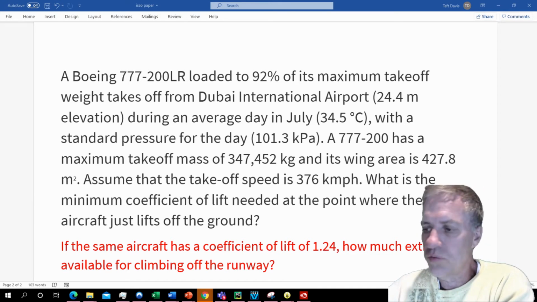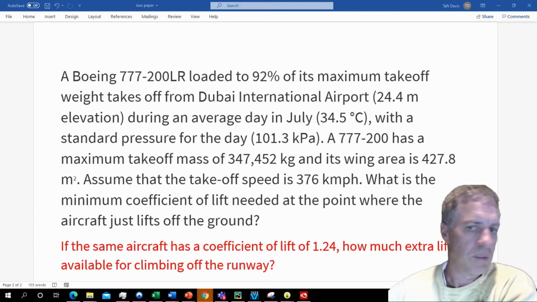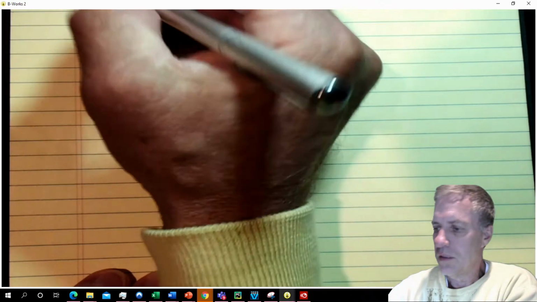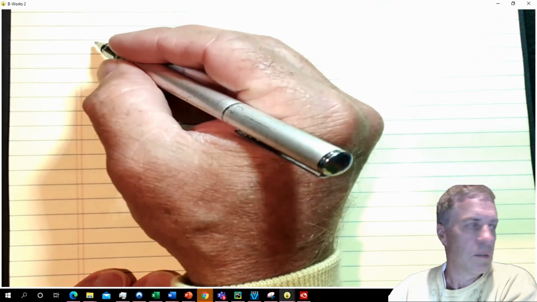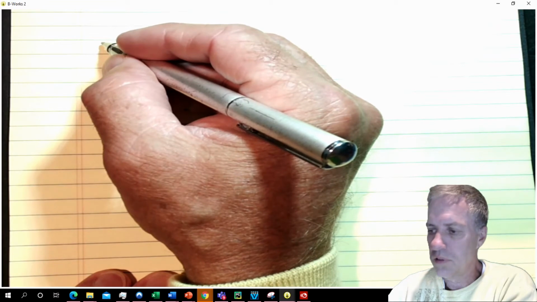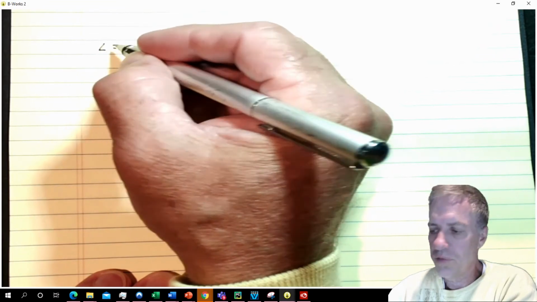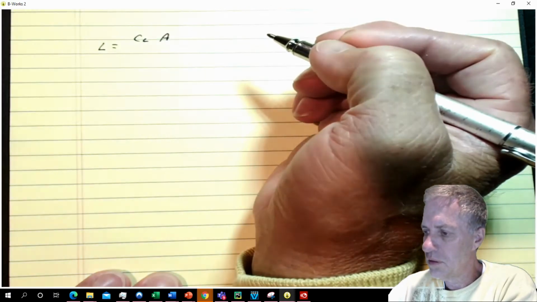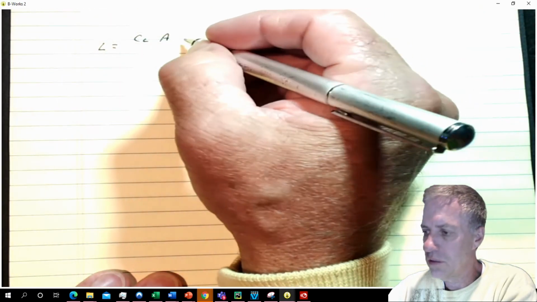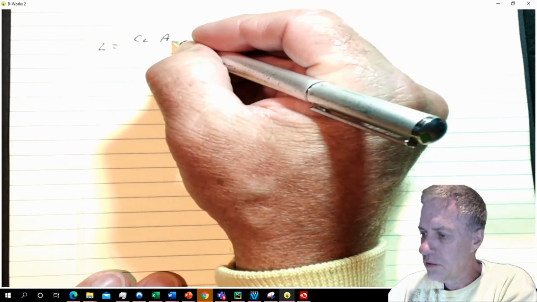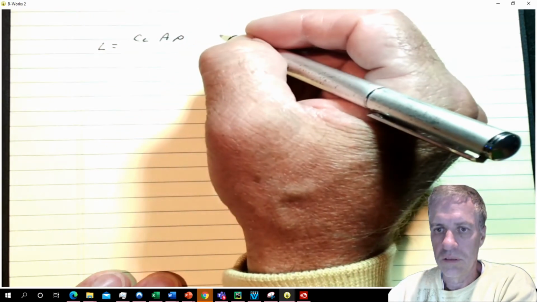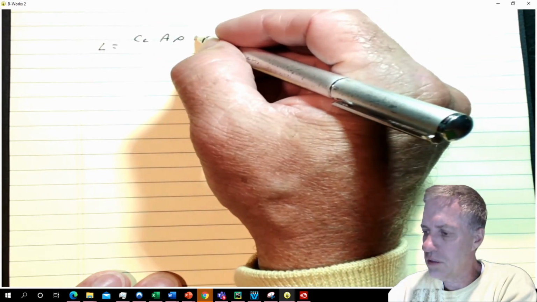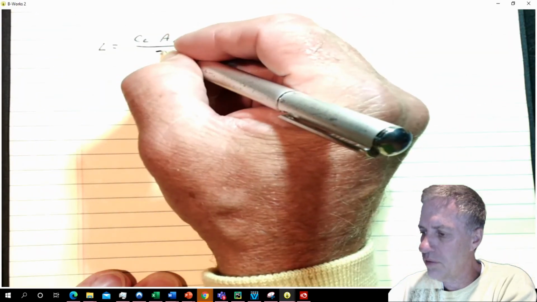All right, so on this one, we're going to take a look at our lift formula: the coefficient of lift times the area of the wing times our rho times our velocity squared divided by 2.